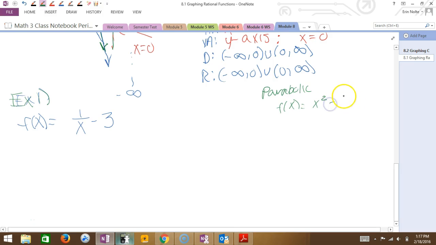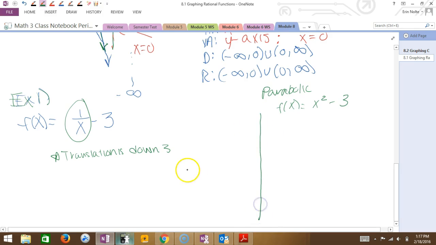What if I went minus 3? Down 3. Same thing here. Just going down 3. Because this was our parent function, and it's on the outside. So our translation is down 3. And that's all that changed from my parent function.